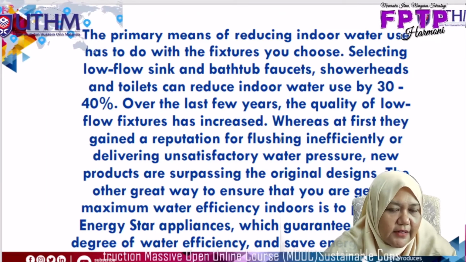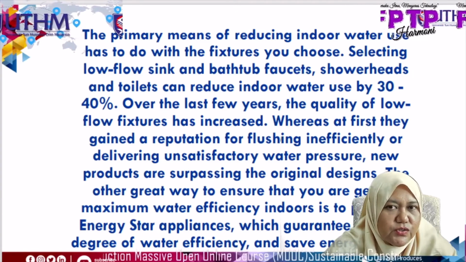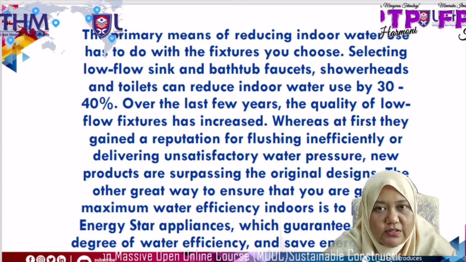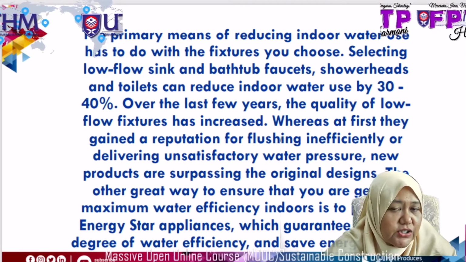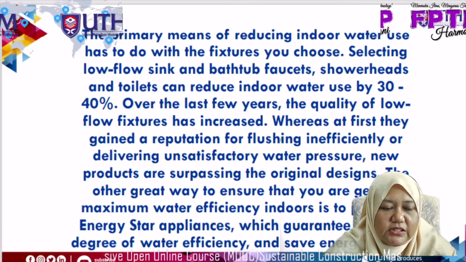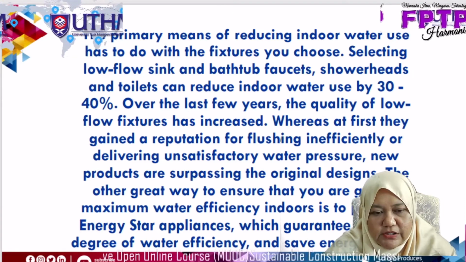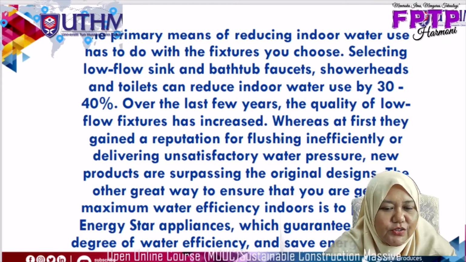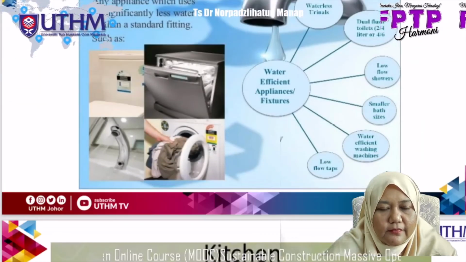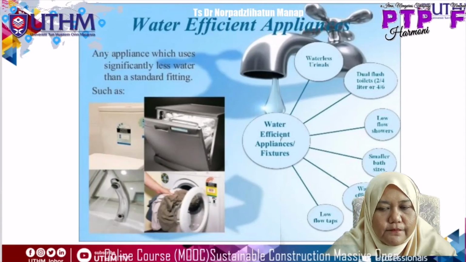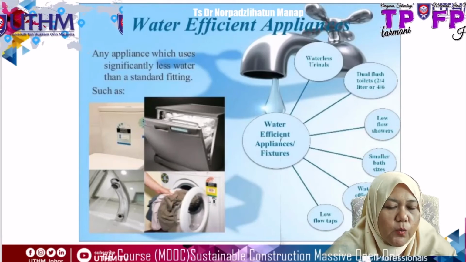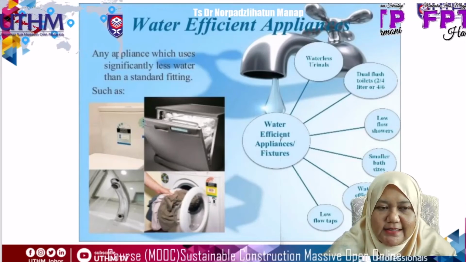The other great way to ensure that you are getting maximum water efficiency indoors is to purchase Energy Star appliances, which guarantee a certain degree of water efficiency and save energy to boot. This picture shows you water efficient appliances.